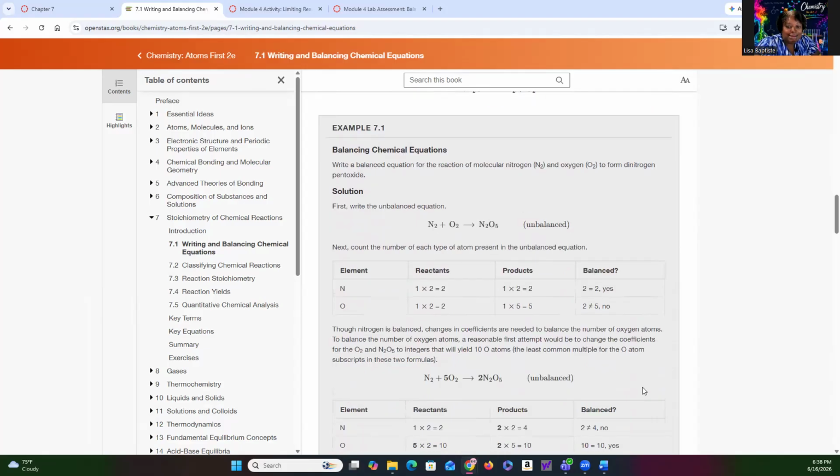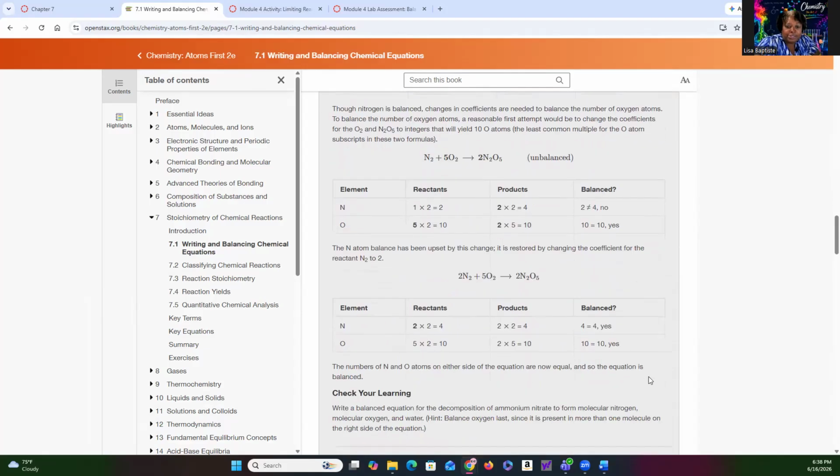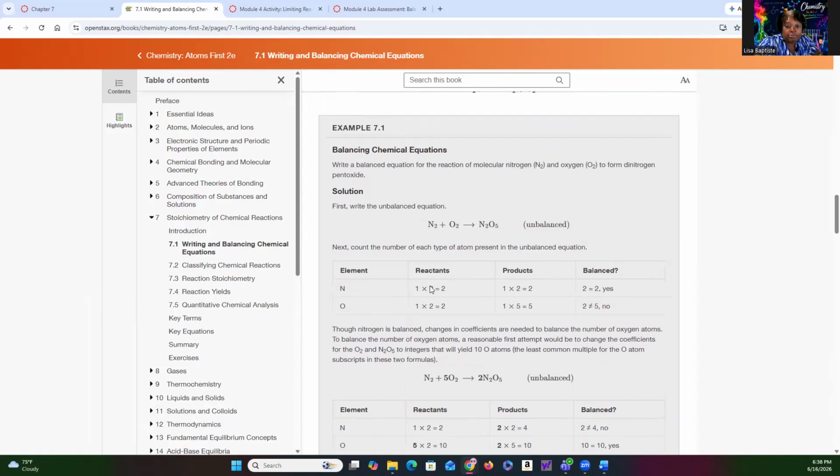So let's look at another example so that you'll be able to practice these on your own. So if we look at this equation, we have N2 plus O2 produces N2O5. It is unbalanced, so let's see what is not balanced. So our nitrogen, we have 2 on the reactant side, we have 2 on the product side, so that is balanced.